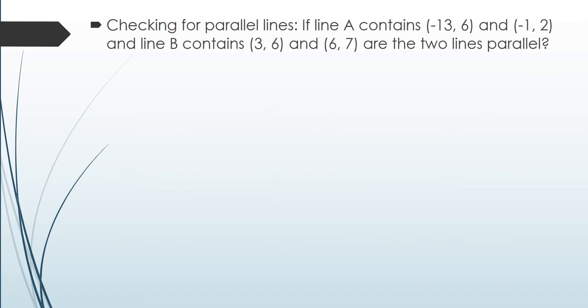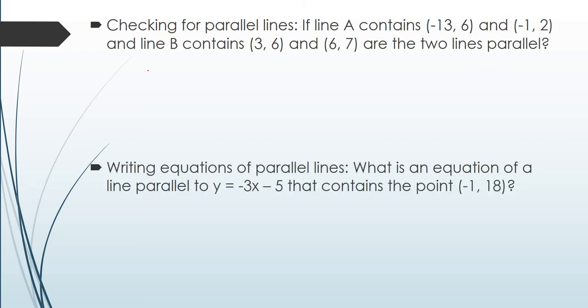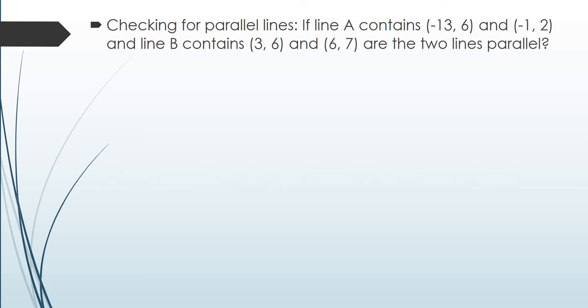Okay, so we're going to first of all talk about checking for parallel lines. If line A contains the point -13, 6 and the point -1, 2, and line B contains the points 3, 6, and 6, 7, are the two lines parallel? Well, the way I'm going to determine that is by finding the slopes.